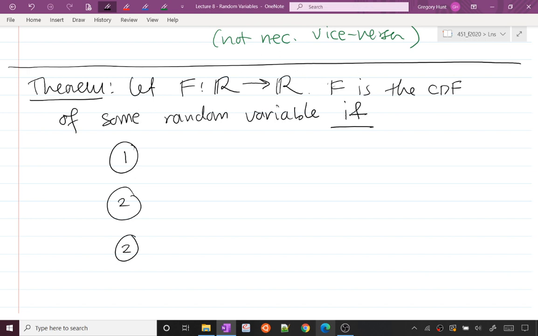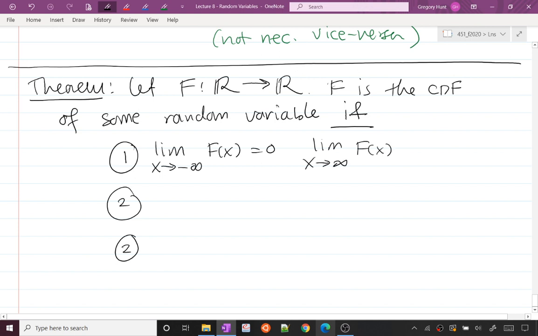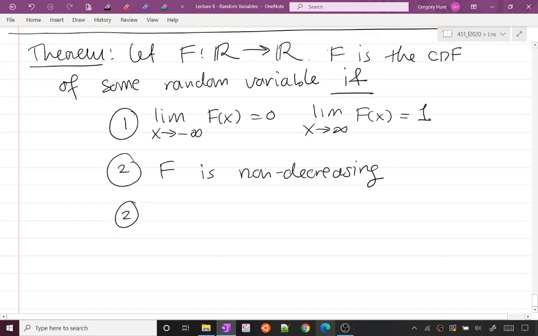And the facts that have to be satisfied are 3 of those facts. Limit as x goes to negative infinity, 0. Limit as x goes to infinity, 1. So it starts at 0, goes to 1. It's non-decreasing, meaning it's never either increasing or stays the same.